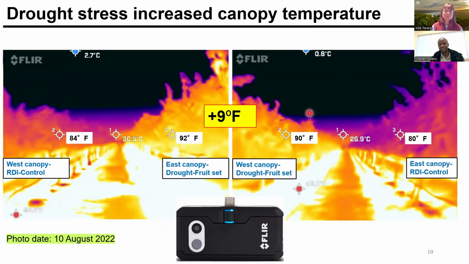And this is just a flip of this one to show the other side of the canopy. The difference was about 9 Fahrenheit between the well-irrigated and the ones that were feeling drought. So the vines that were under drought were really, really hot.